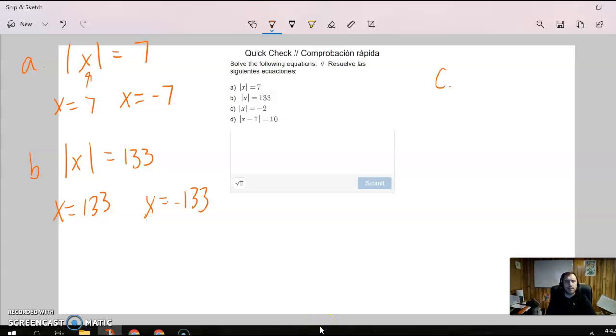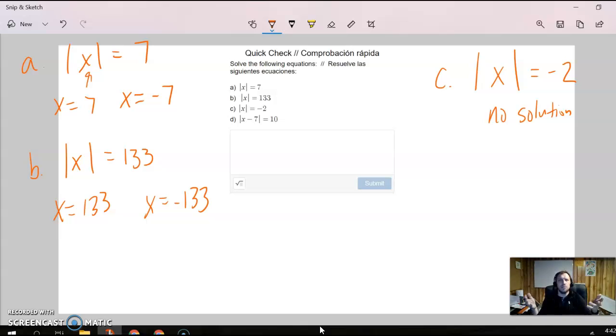Now try C out. Did you try it? What did you get? Did you get 2? Well, it's kind of a trick question. What number can I put in the absolute value and get back a -2? What's -2 away from 0? The answer is no solution. There is nothing that's a distance of -2 away.